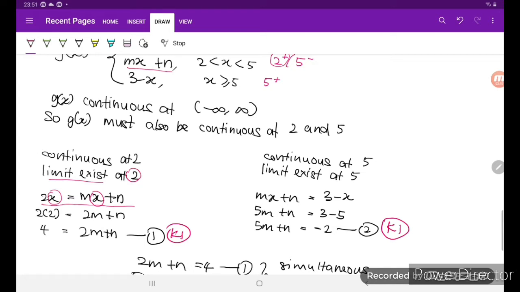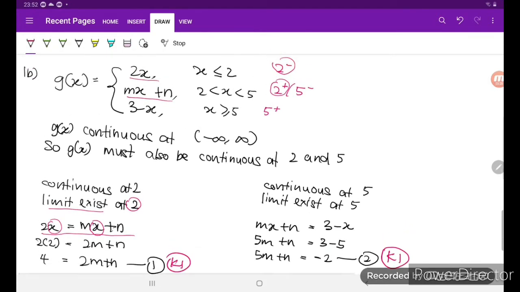And then the second condition, the function is continuous at 5. So if you look at the question, if the limit exists at 5, then 5 minus and 5 plus should be the same.